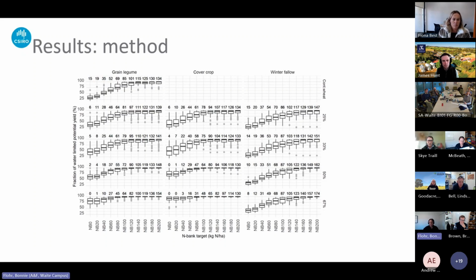So we fitted an exponential curve to the relationship between the fraction of water limited yield potential and the N bank. And then we solved that equation to determine what the optimal N bank was at economic yield.